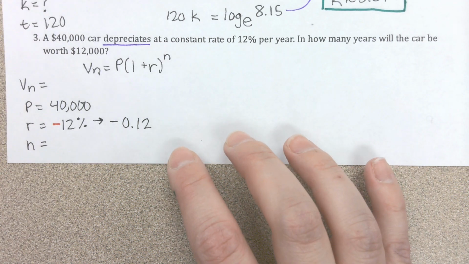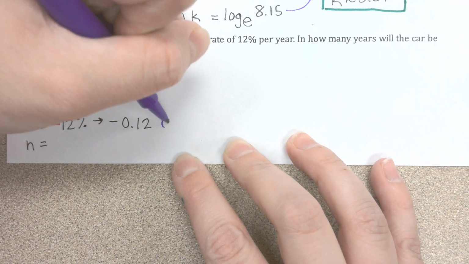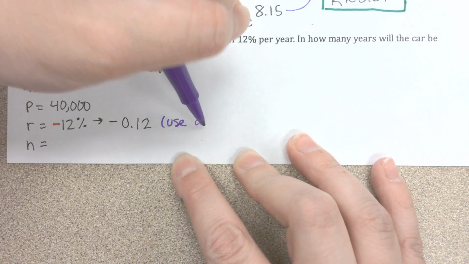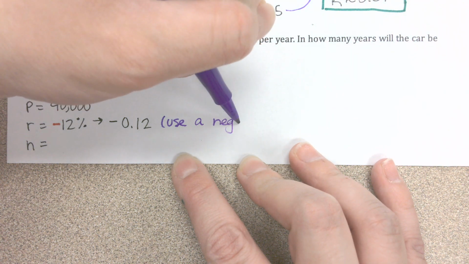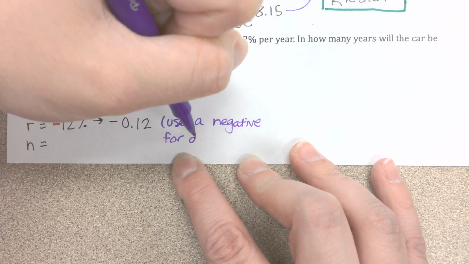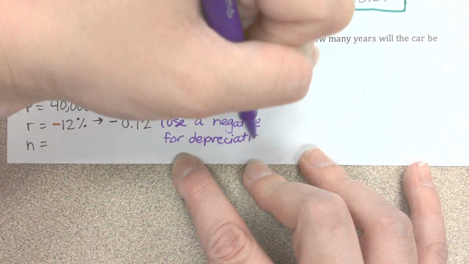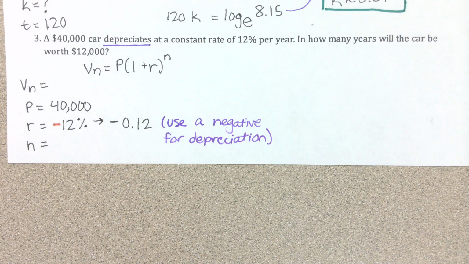I'll add a little note there for anyone who needs it. Use a negative for depreciation. So that is one small detail to keep your eye out for.